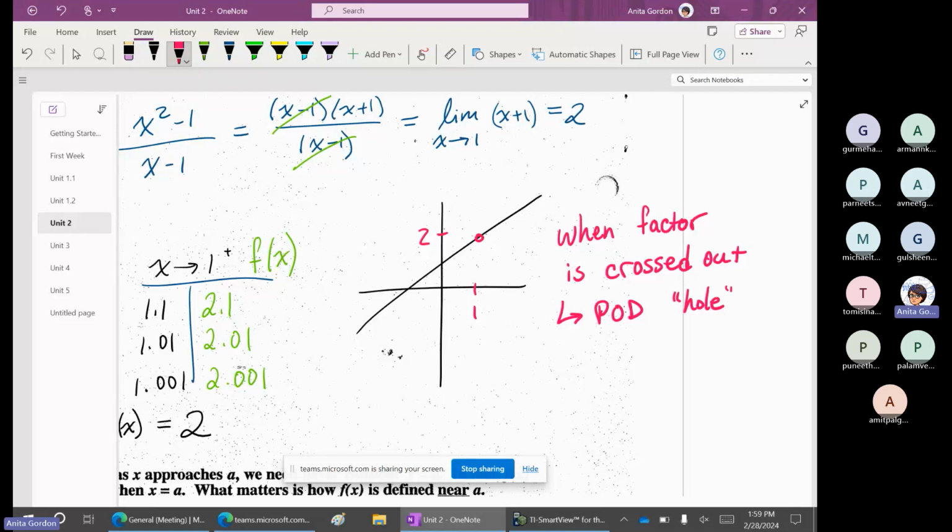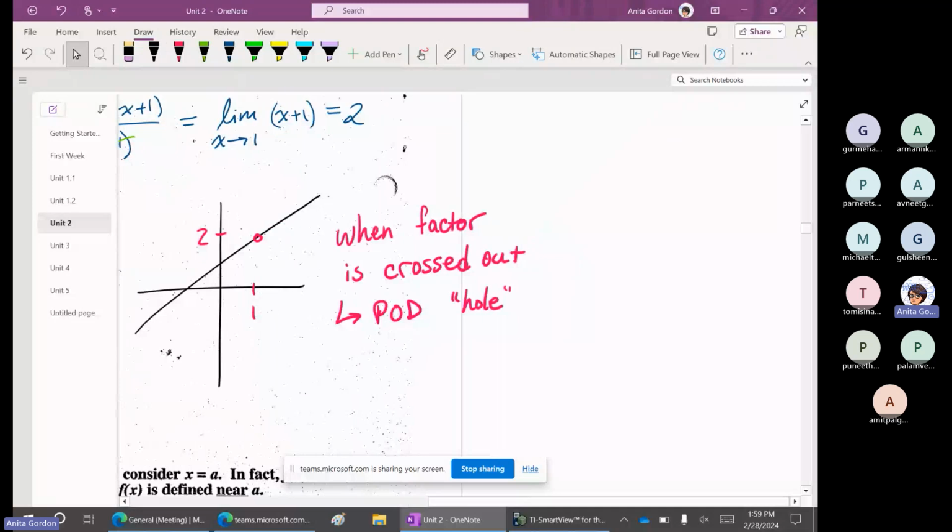If we had a situation, and I might come up a little bit later, but I'm just going to do the example now that we're talking about it. If I had something like x plus 2 over x plus 1, I cannot simplify this at all.